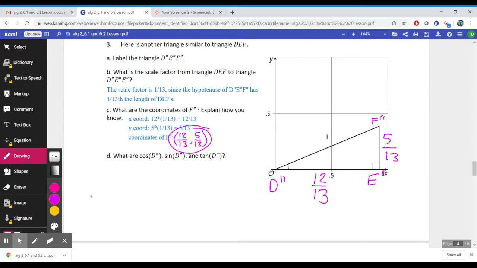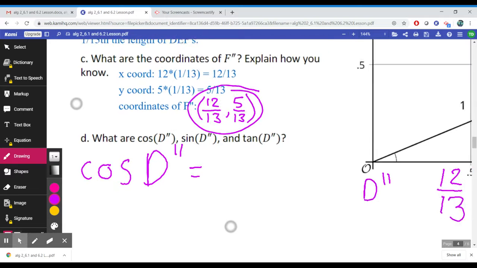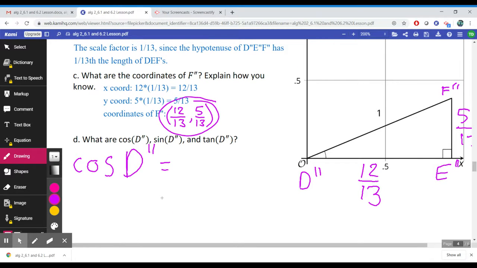So cosine d double primed will be equal to the adjacent side, 12/13ths, divided by the hypotenuse, which is 1. But anything divided by 1 is just itself, so 12/13ths divided by 1 is still 12/13ths.